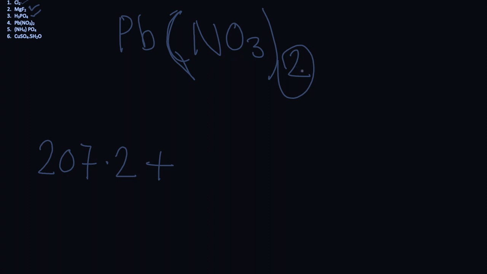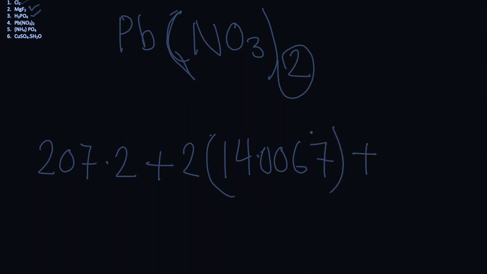So 1 times 2 is 2. That's why we're going to write 2 moles of nitrogen. So we times 2 with the atomic mass of nitrogen, which is 14.0067.